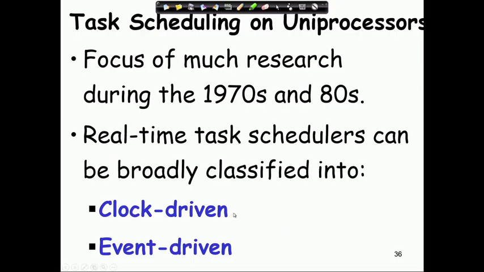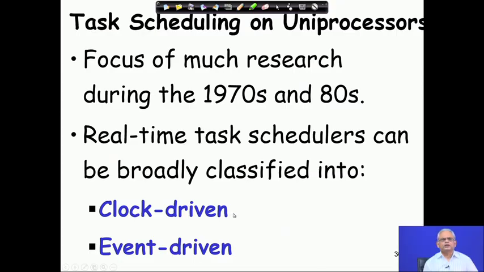These are simple schedulers. Whereas, in an event driven scheduler, the scheduling points are defined by certain events. And what are those events? We said that there are two main events, the task starting event or release event and the completion events.